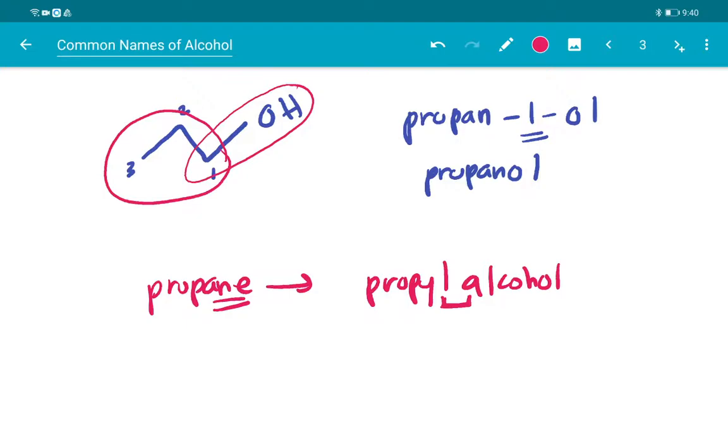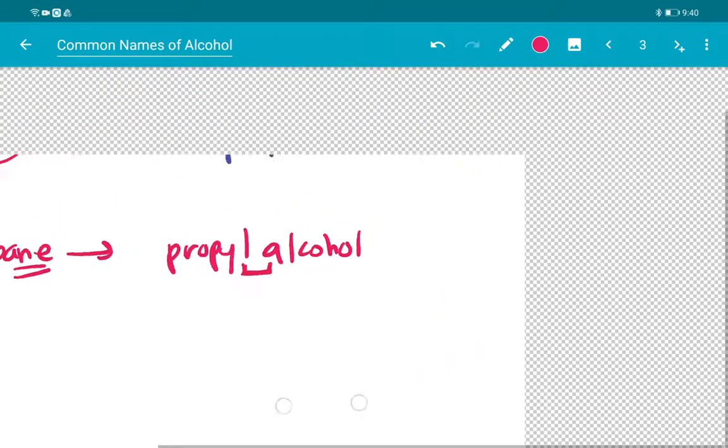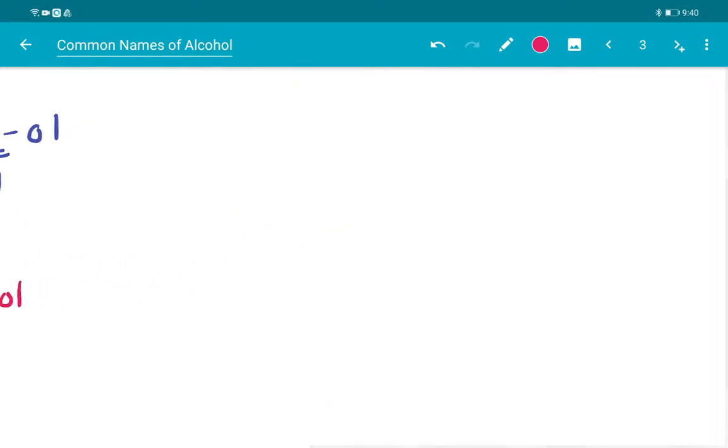Now let's see what happens if we change the position of the alcohol group. So let's say we have the same number of carbon, which is 3, but now the OH is positioned at carbon number 2.